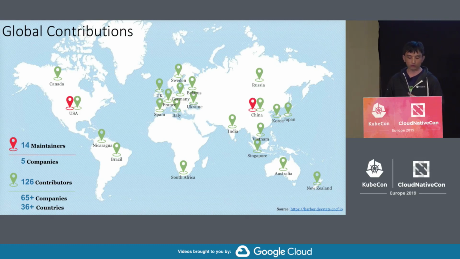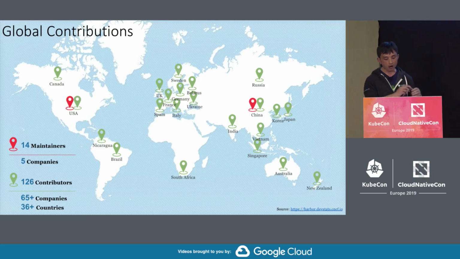All those achievements should be thanks to the broad community of contributors and maintainers, thanks to their strong support and valuable contributions. Till now, 126 contributors have made contributions to Harbor.